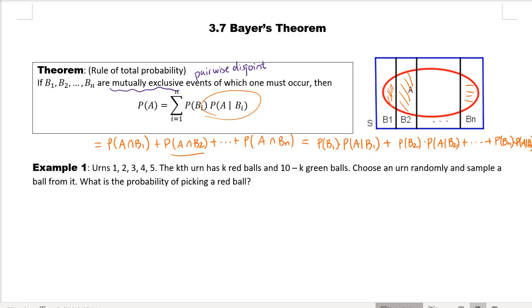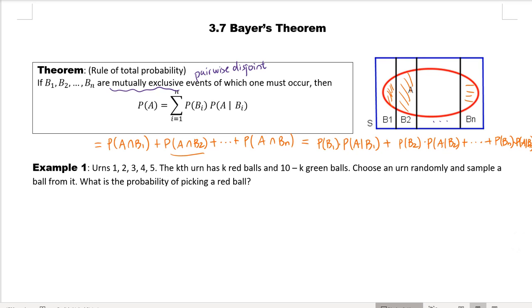We can use the summation notation, so we don't need to put the dots there: the sum of P of Bi times P of A given Bi, where i goes from 1 to n.